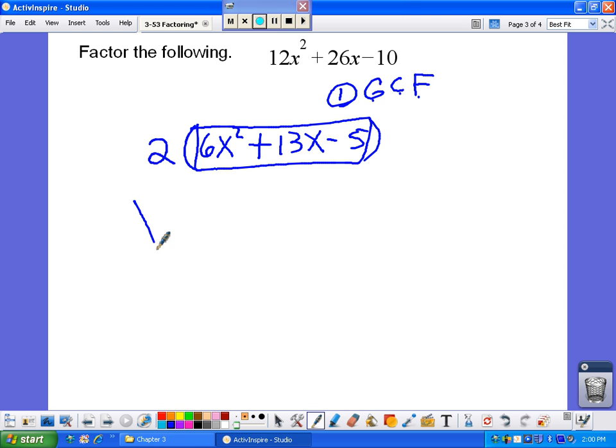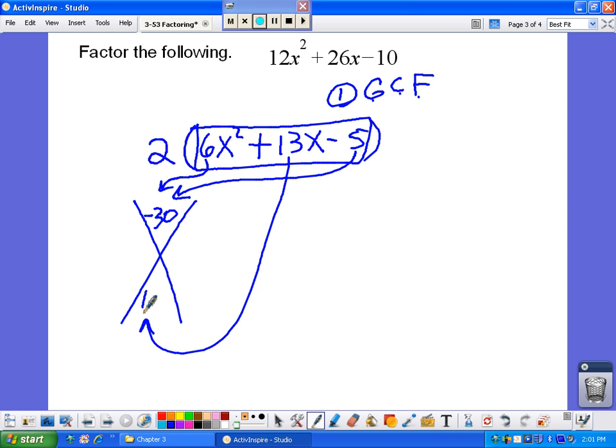So I go to my diamond, and the top of my diamond goes 6 times this negative 5, so negative 30. And then the bottom of my diamond goes 13. So what multiplies to negative 30 and adds to 13? Well, I'm thinking 3 and 10. So let me put that up there.